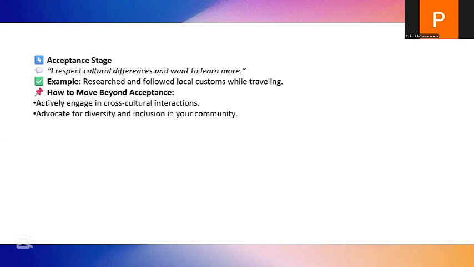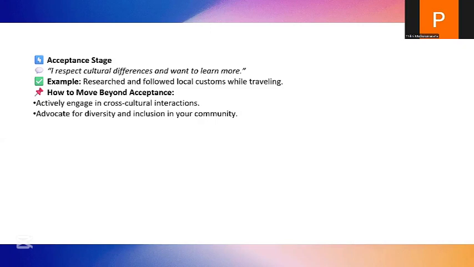Then you can actively engage in cross cultural interactions, and you can advocate for diversity and inclusion in your community. So these are the stages you can follow. Ultimately, if you follow these things, you can go for the adaptation and integration.